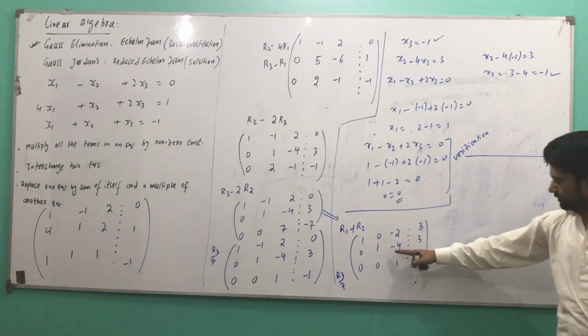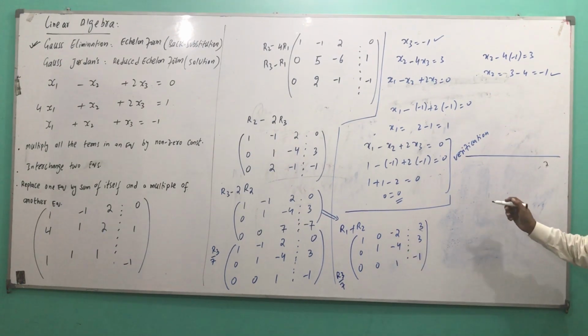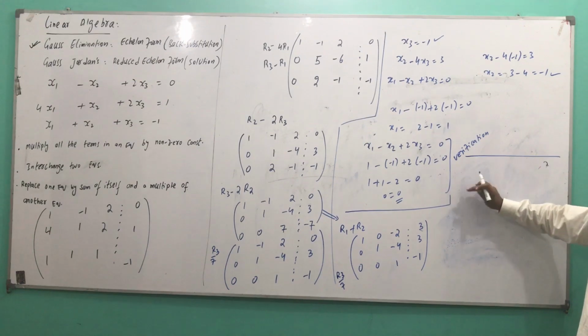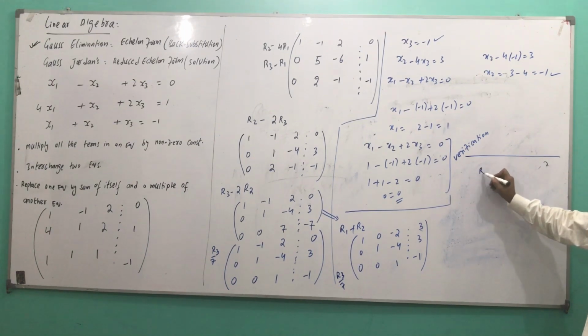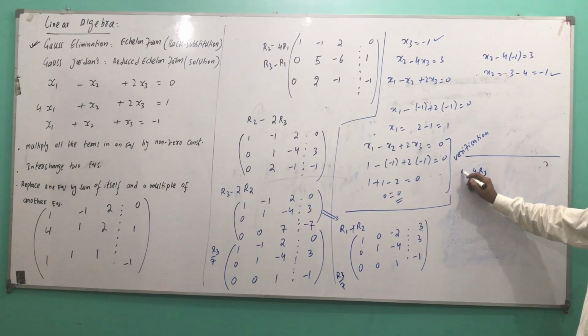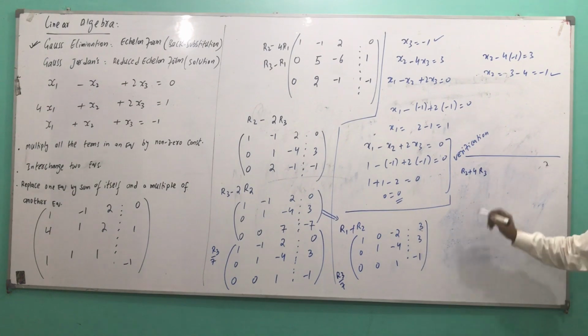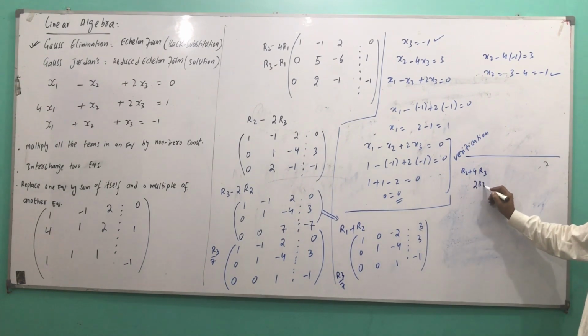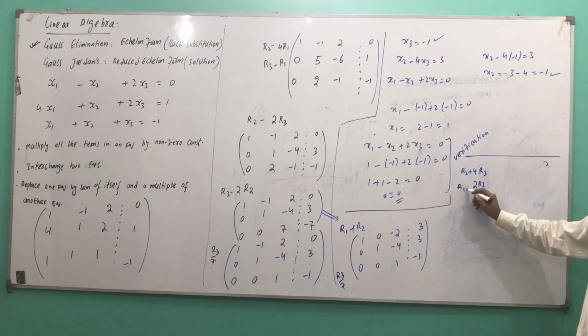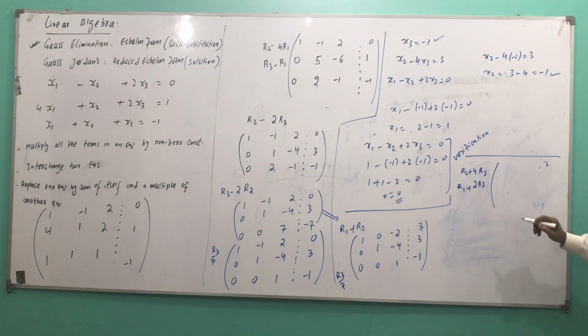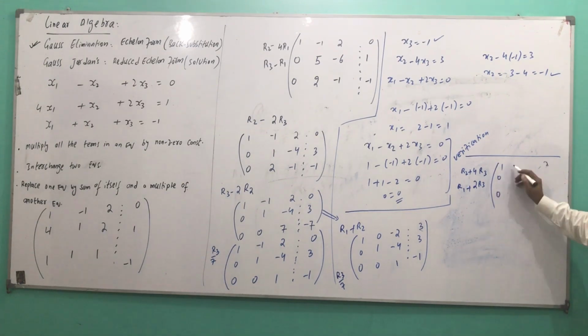Now you need these two to be zeros. So simple. What you do, you just multiply R3 by 4 and add to R2. And how do you make this 0? 2 times R3 and add to R1. So what do you have? 1 0 0, 0 1 and 0.